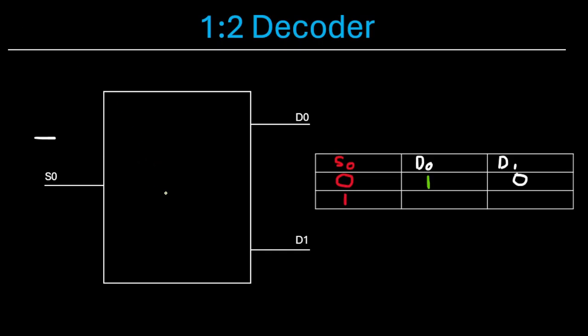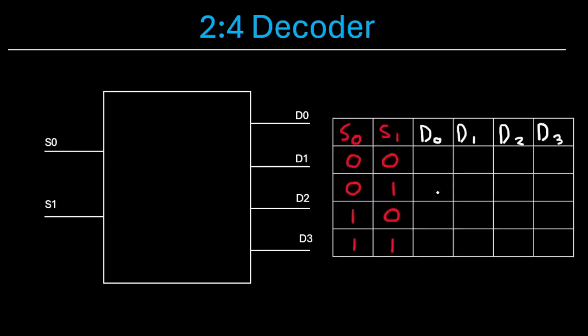Now on the flip side, if we input a 1 or binary 1, our D1 pin needs to be on, or logic 1, and our D0 pin should be off, or logic 0. Okay? Now if we take a look at a 2 to 4 decoder, again, we have our binary input.